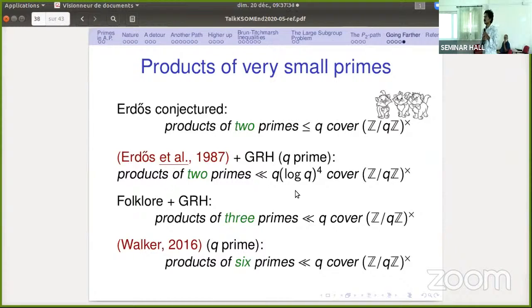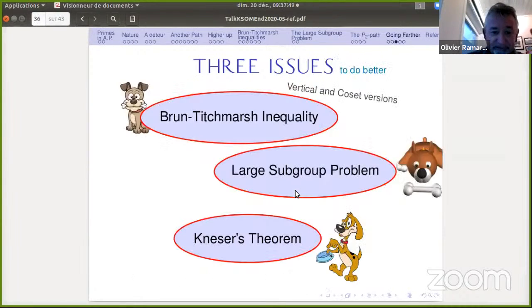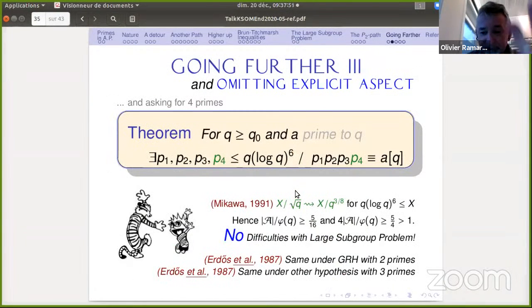Okay, with at most 3 primes. I mean, with 4 primes we can. With 4 primes we can cover everything.